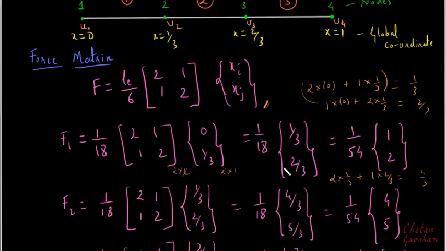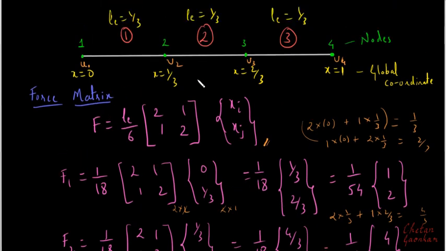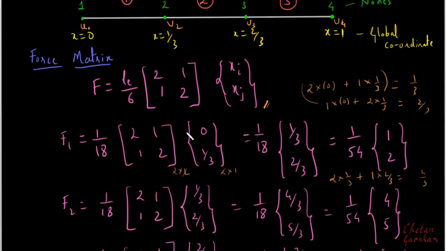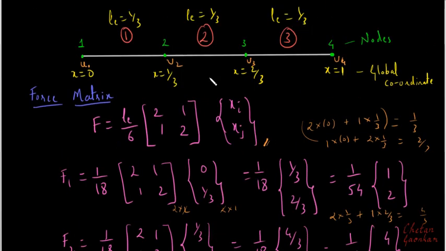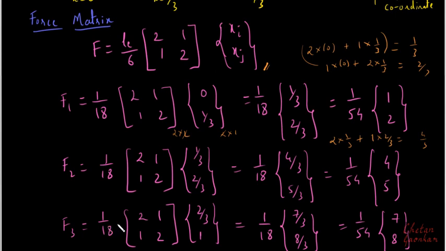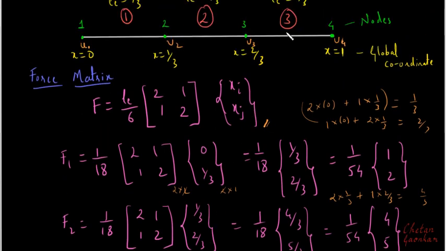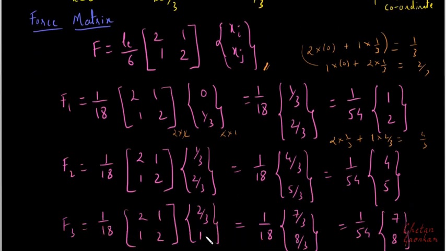And similarly the forcing function, or the force matrix, for element number 3 will be 1 by 18, because LE I will be substituting as 1 by 3. I will get this as 1 by 18, 2 1 1 2. And finally for element 3, xi will be 2 by 3 and xj will be 1.